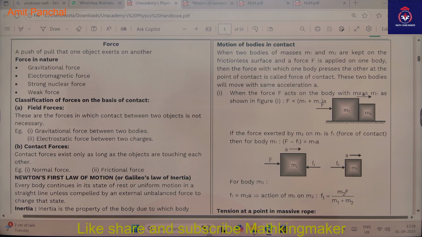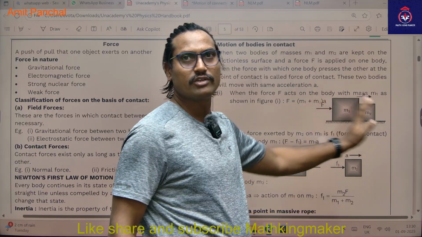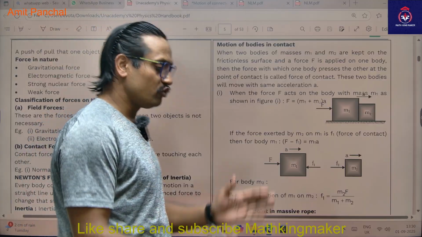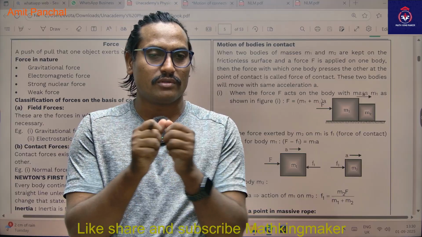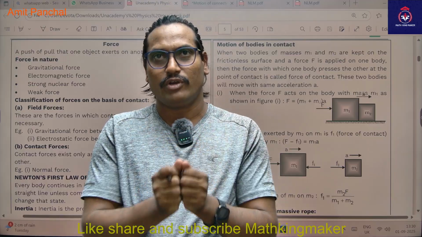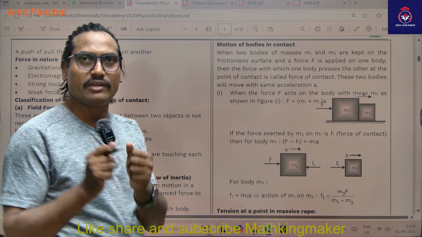Sometimes two bodies will be in contact and both of the bodies will be moving together. If two bodies are in contact, then combined they can be considered as a single body.